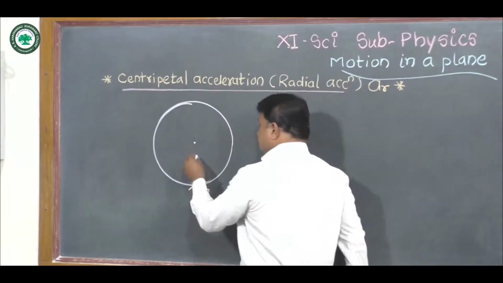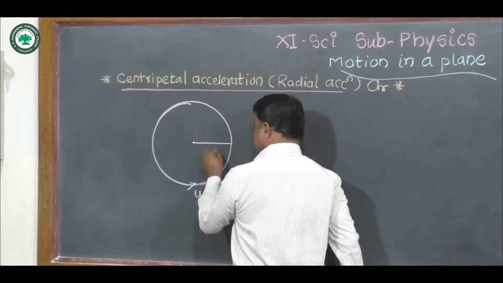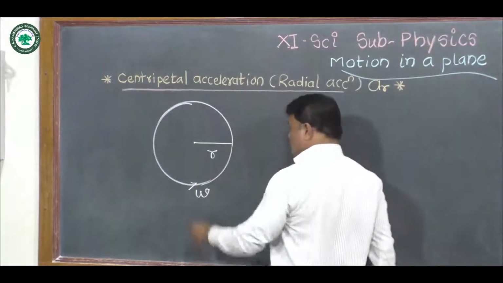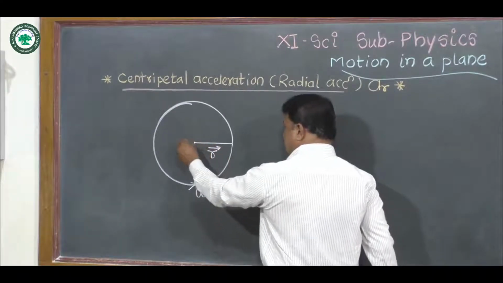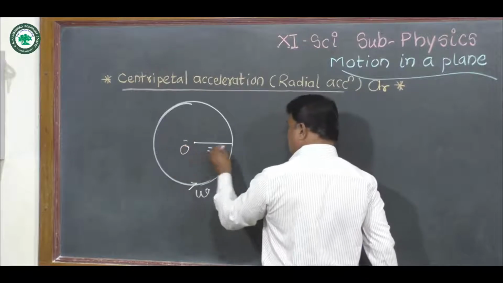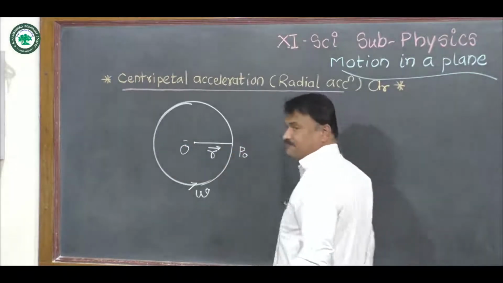This circle has radius say small r. So the radius vector can be drawn from the center of the circle to the position of the particle on the circumference.